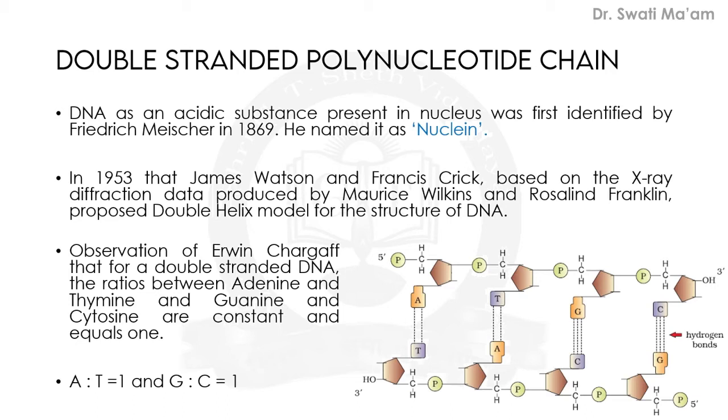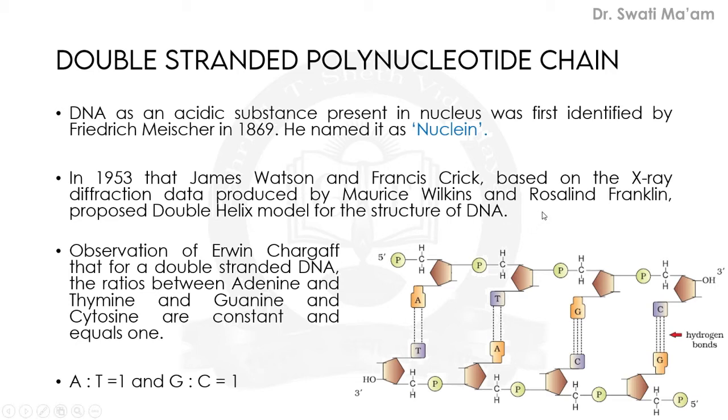Actually it was in 1953 that the scientists James Watson and Francis Crick, based on X-ray diffraction data produced by Wilkins as well as Franklin, proposed a double helix model for the structure of DNA.